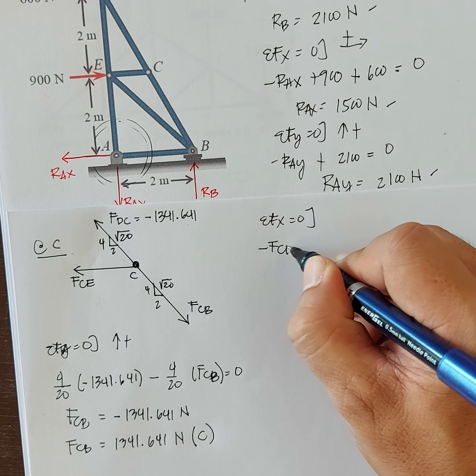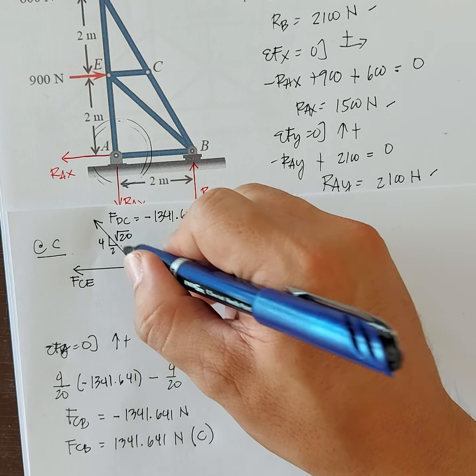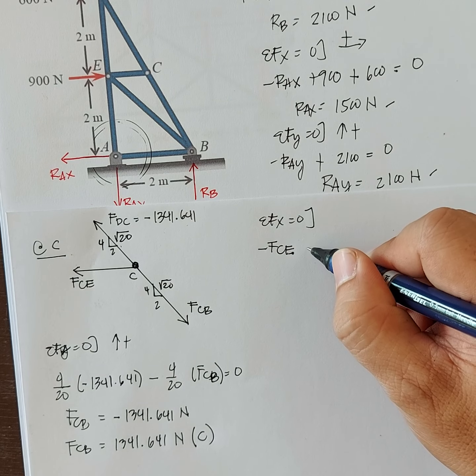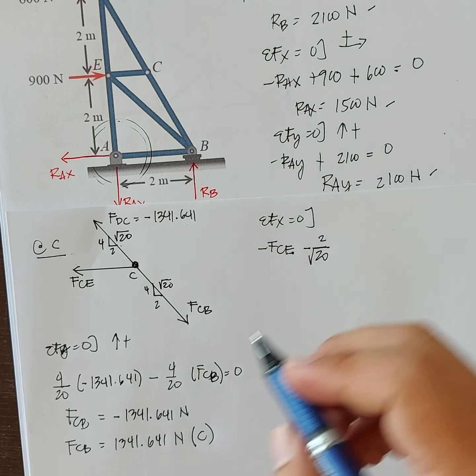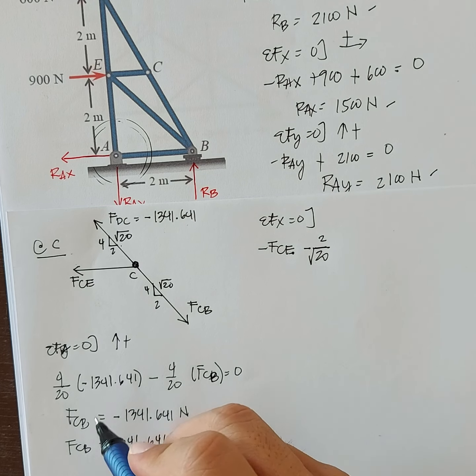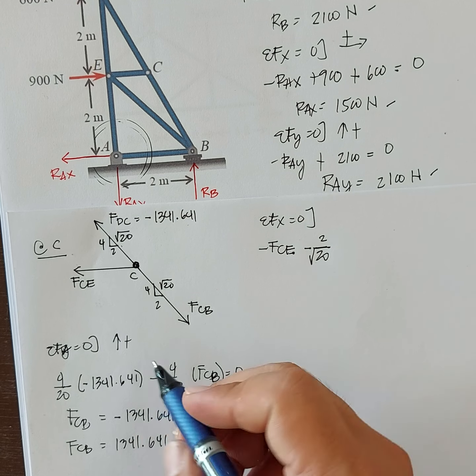FCE. Okay. Tapos yung horizontal components nito. So, minus 2 over square root of 20. I'm sorry, this should be square root of 20 pala. Hindi ko nailagay yung square root nito.